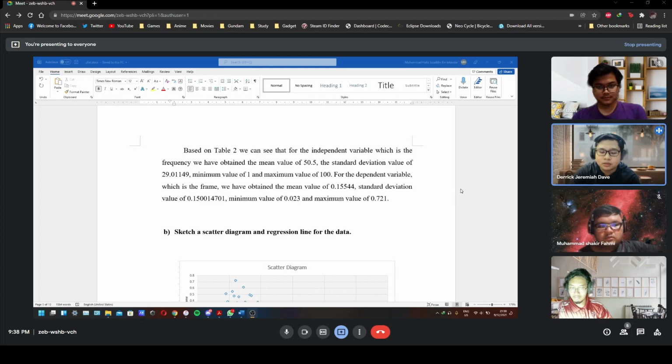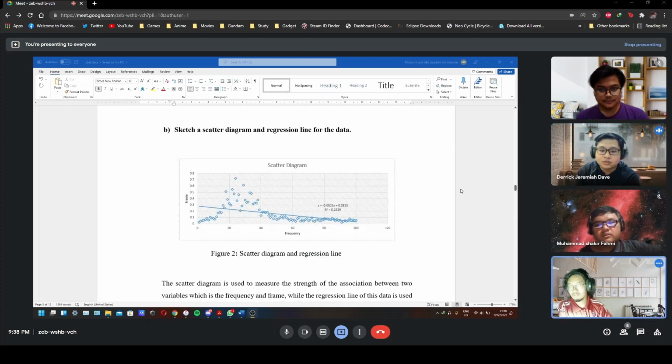The frame, which is the dependent variable, has a mean of 0.15544, a standard deviation of 0.1500, a minimum value of 0.023, and a maximum value of 0.721.